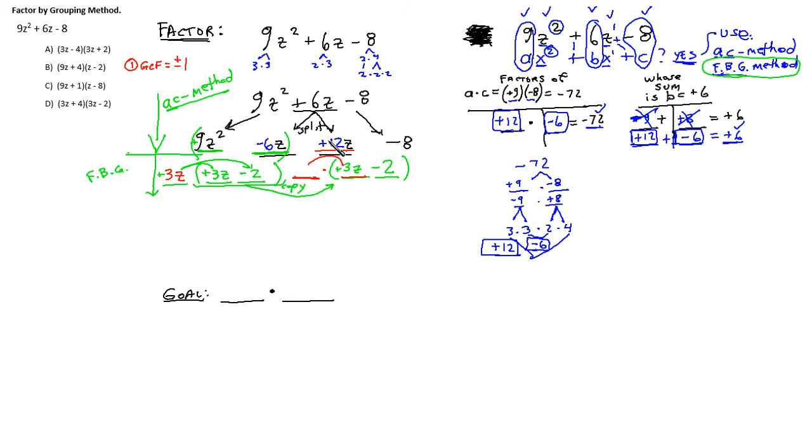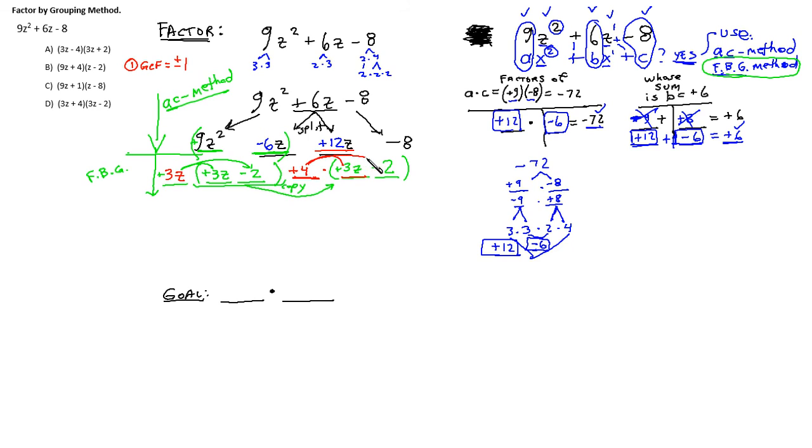Now, to make positive 12z, to make the positive, I need a positive. Positive times positive makes positive. What times 3 makes 12? A 4. Do I need any more z's in this red blank? No, because we're only trying to make z to the first come back. So it's working. We found something that we need to make this third term in the 4-term polynomial come back.